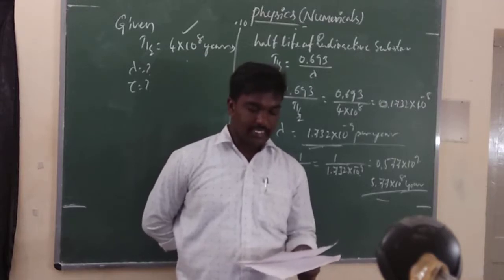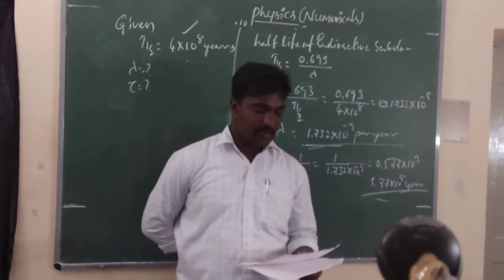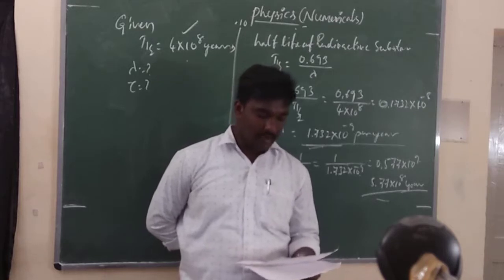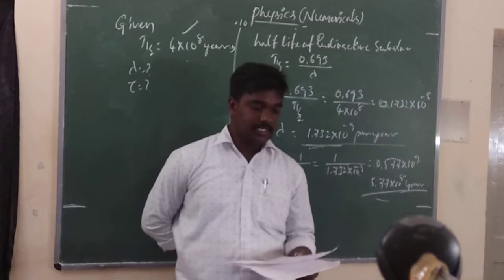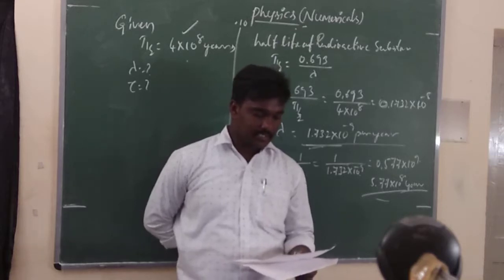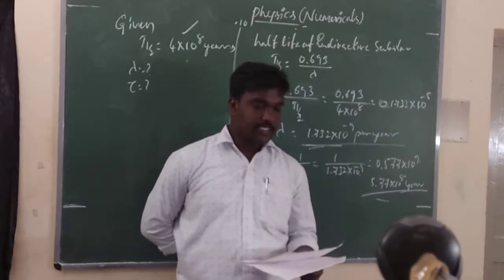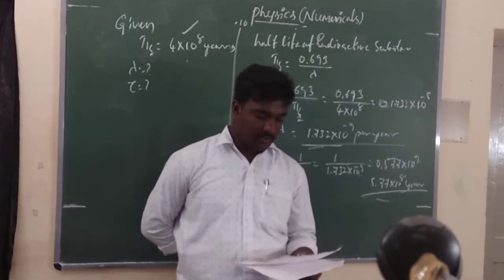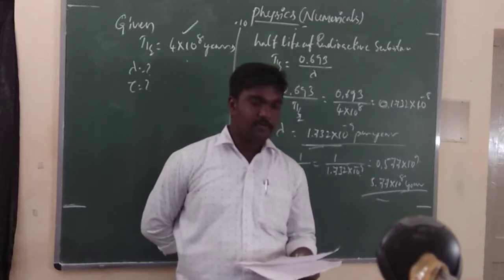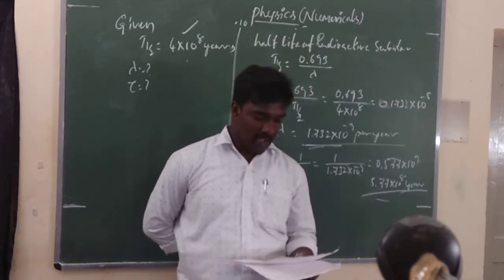And 226 gram of radium consists of 6.023 into 10 to the power of 23 atoms.